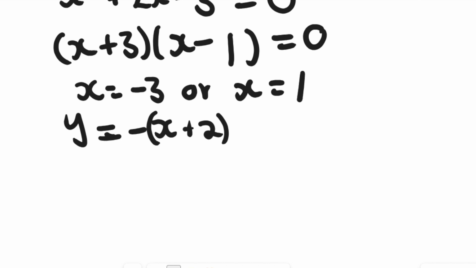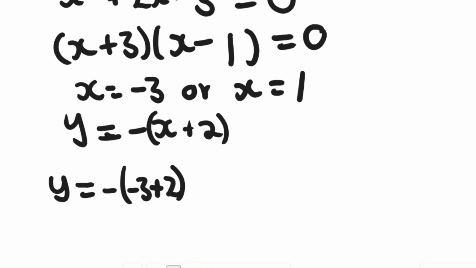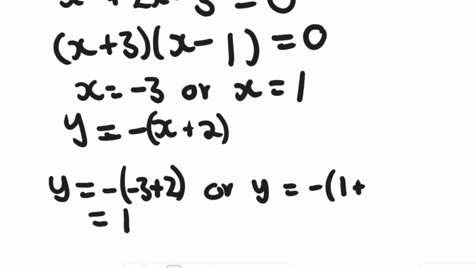Our y will now be minus of, we open the bracket, we put minus 3, we plus 2. So this is minus 3 plus 2, that is minus 1, multiplied by the negative that is outside, that is nothing but 1. Or you get again your y as minus of 1 plus 2. Remember, now we are using this value of x, that is just 1. So we say 1 plus 2, that is 3, and the other value of y will be minus 3.